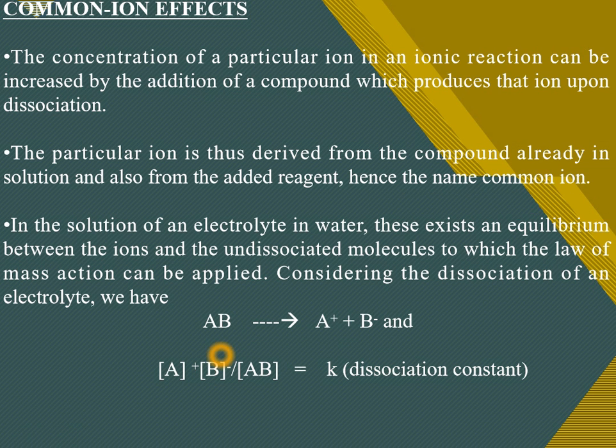This addition of an electrolyte having a common ion similar to that of the product stops the dissociation of the reactant, and this ion is called a common ion, and this effect is called the common ion effect.